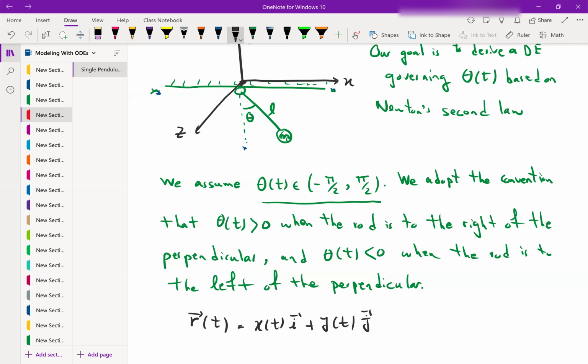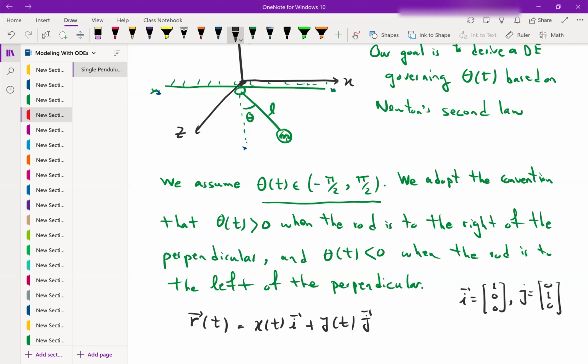Remember, i is the unit vector in the x direction, j is the unit vector in the y direction. Just as a reminder for everyone, i is (1, 0, 0), j is (0, 1, 0), and k will be (0, 0, 1). Of course, nothing is happening in that direction, so we have 0 k. I didn't write it.